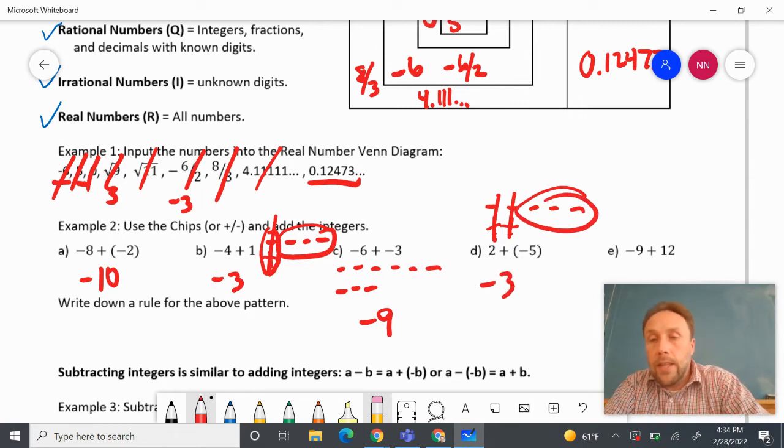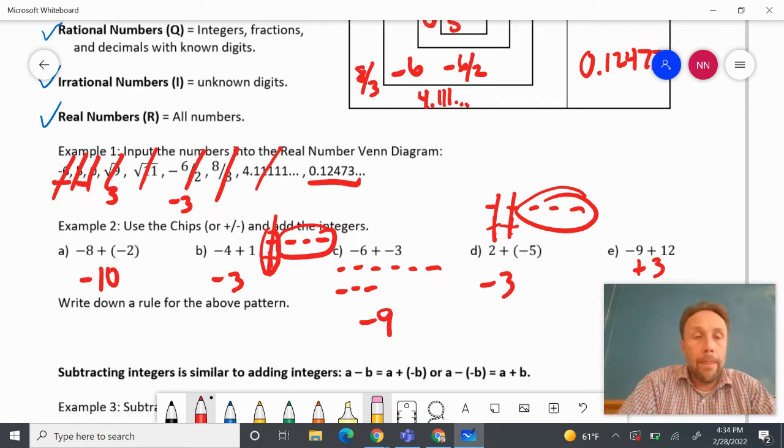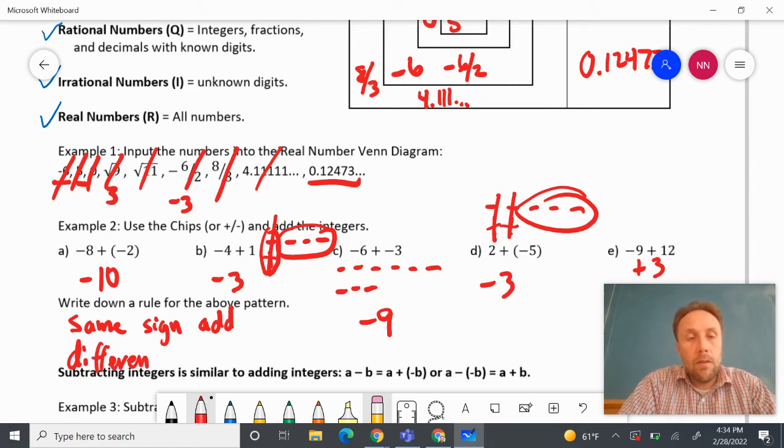And then if we look at the next one, we have -9 and +12. That would give us a +3. I almost put a -3. So if we're looking at a rule for the pattern, what we know is: same sign, we add, and different signs, we subtract.